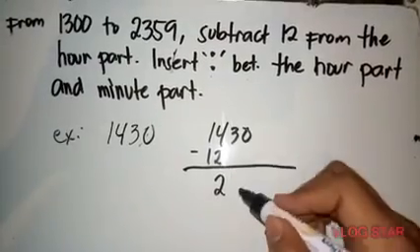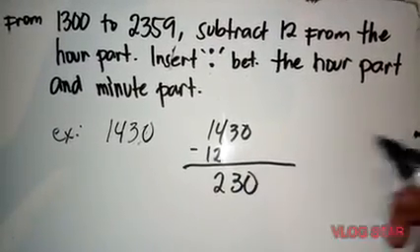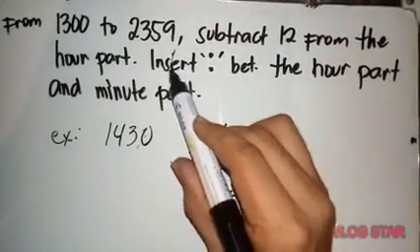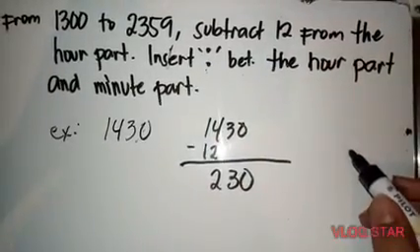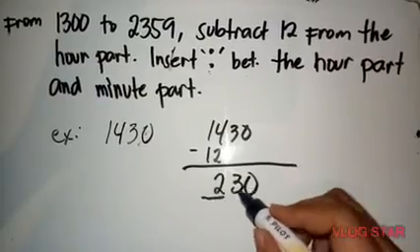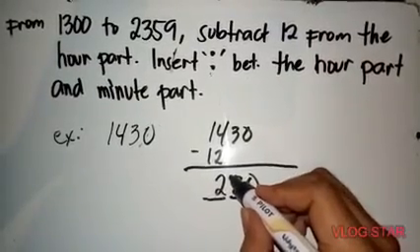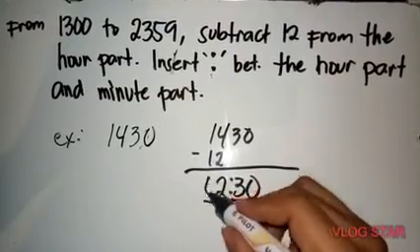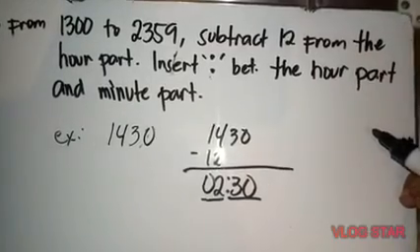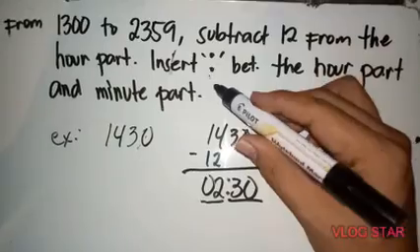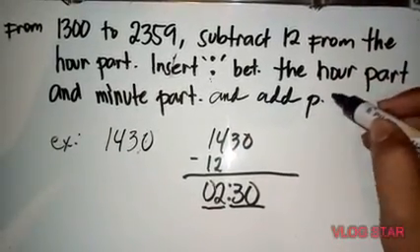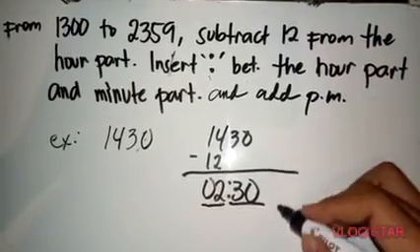Then just copy the minute part, 30. Then insert this sign between the hour part and the minute part. Then I forgot that we should add PM.